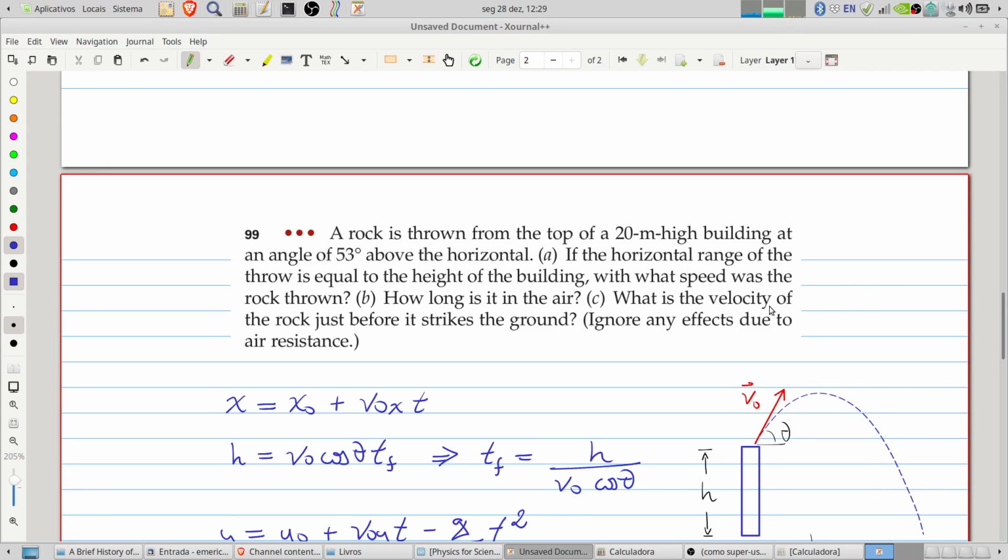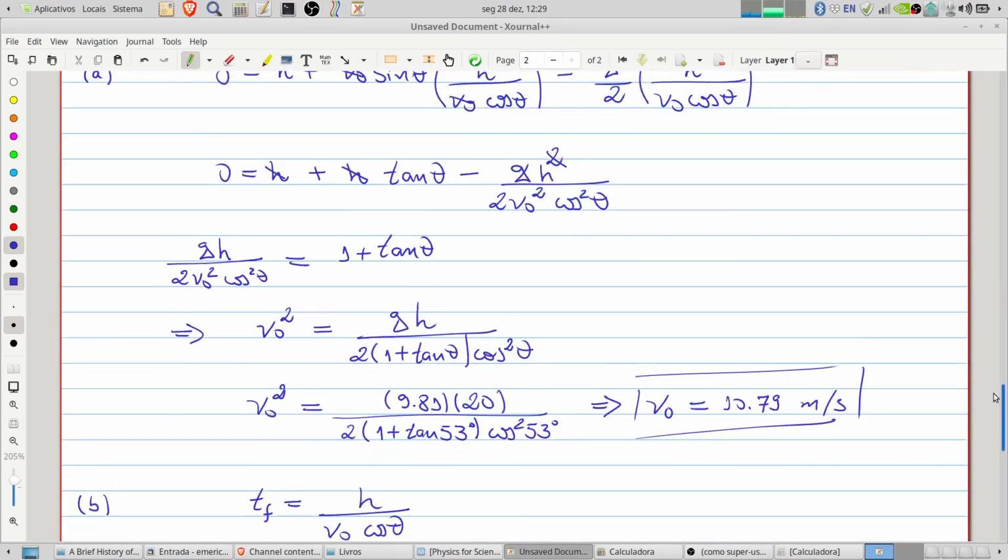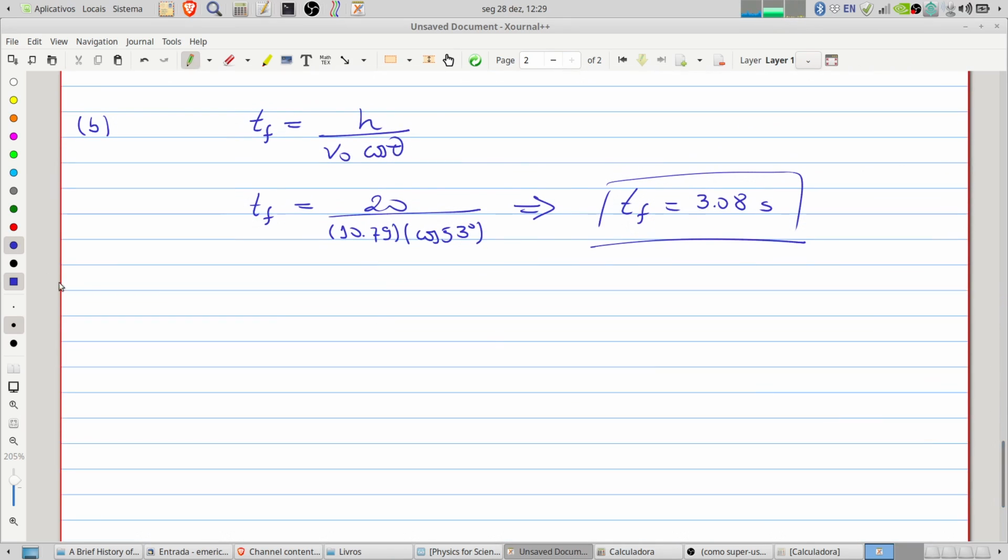C. What's the velocity of the rock just before it strikes the ground? Item C. Here we have a velocity in the horizontal direction. It will be v0 cosine of theta. This velocity won't change during the movement. We don't have any acceleration in the x direction.